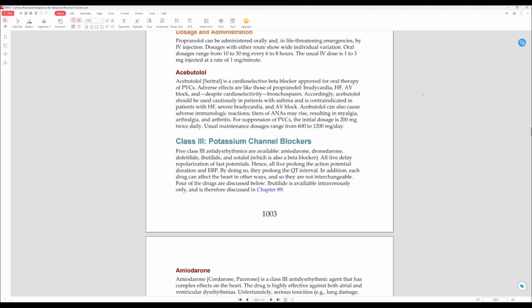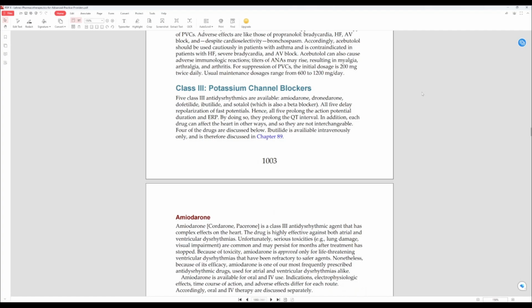Acebutolol can cause adverse immunologic reactions. Titers of ANAs may rise, resulting in myalgia, arthralgia, and arthritis. For the suppression of PVCs, the initial dose is 200 milligrams twice daily. The usual maintenance dose is between 600 and 1200 milligrams per day.